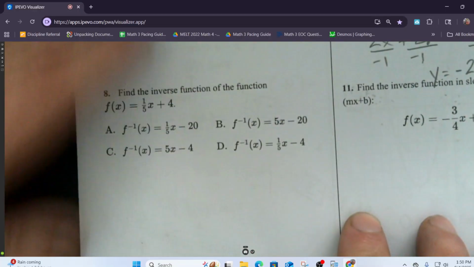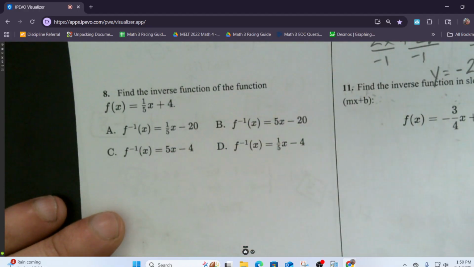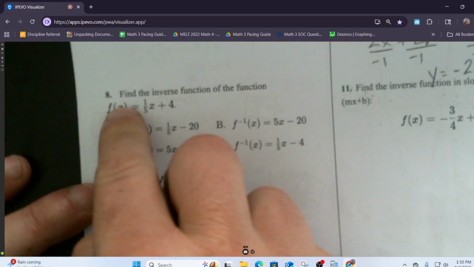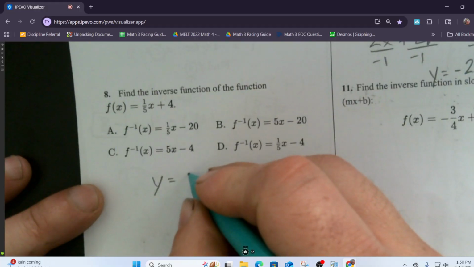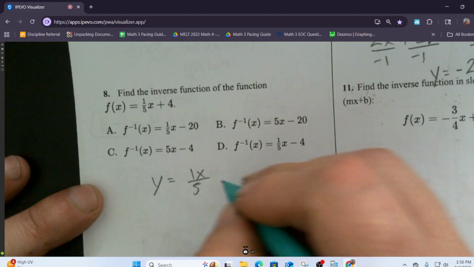All right. Number 8, find the inverse of the function. So guys, remember with inverse, you change f of x to y. Always put your variable in the numerator.